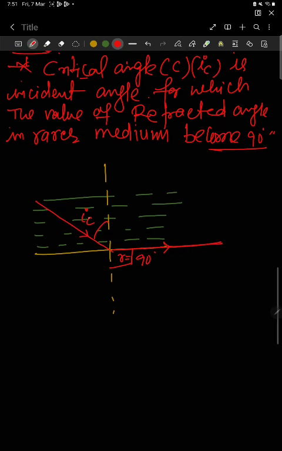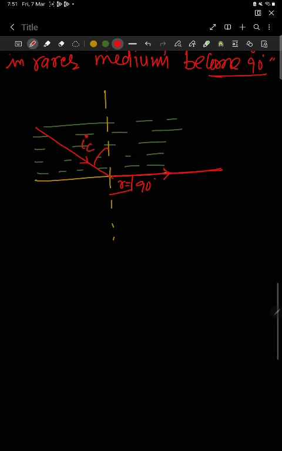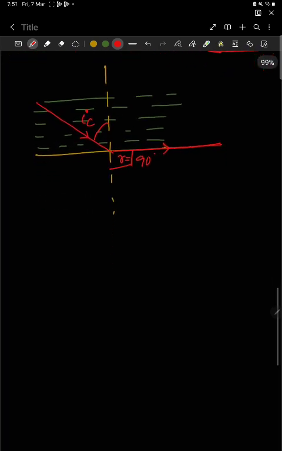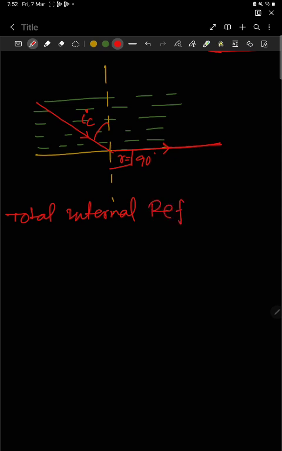So the value of the incident angle for which the refracted angle becomes 90 degrees is called the critical angle. And we have discussed one more thing, that is total internal reflection.